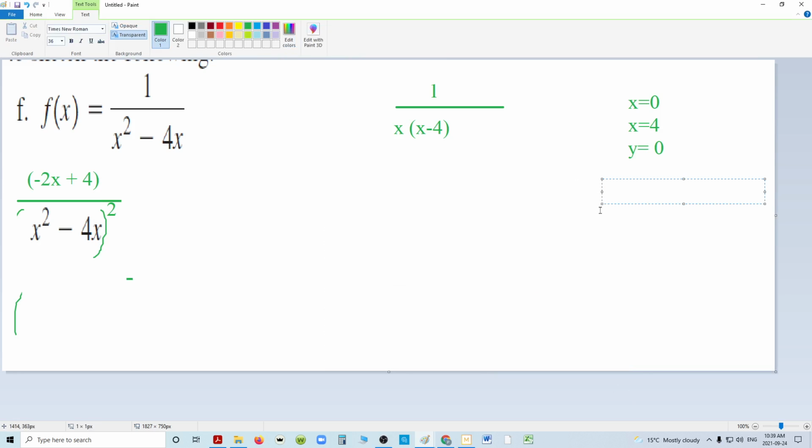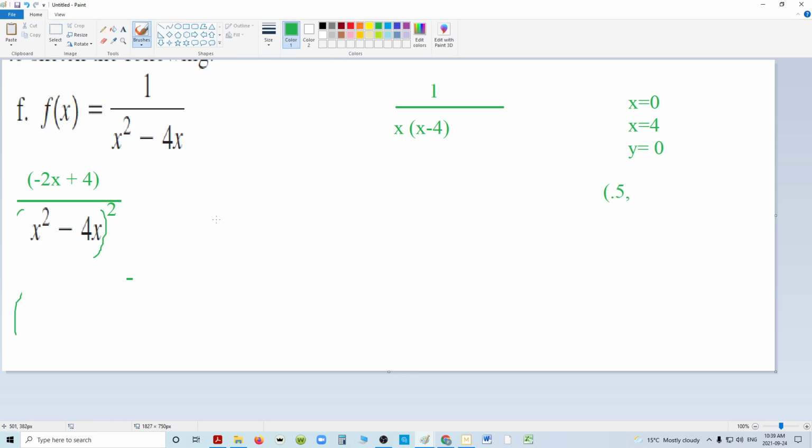When x is 0.5, something happens. Well, let's see if we can find the y value here. 0.5 squared is 0.25. Minus 4 times a half is minus 2. So you get 1 over negative 1.75.